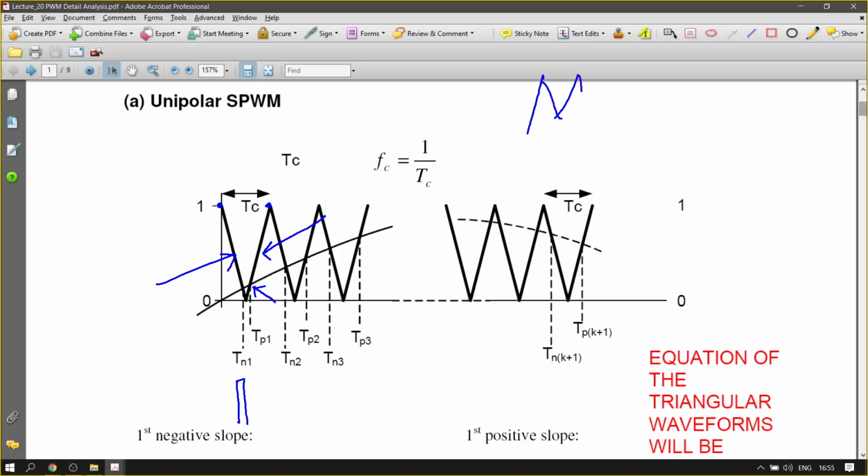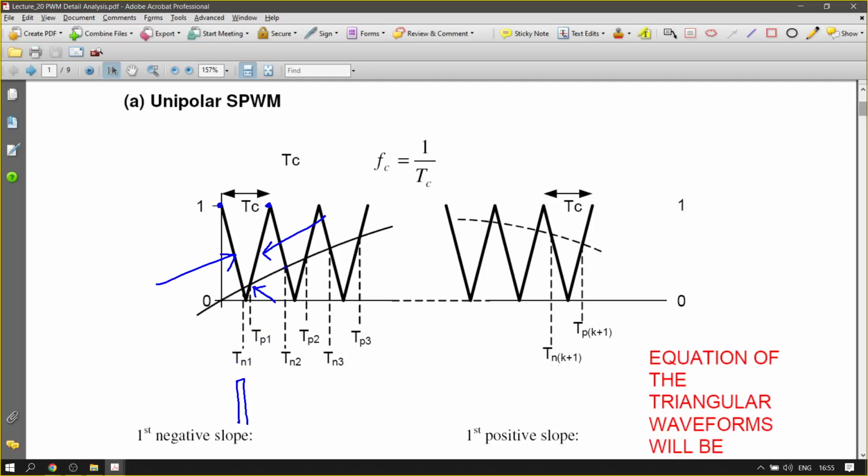I'm going to let you have a look at what happens if you change that to M shape. Of course, there will be different Tn1, Tp1, which is different slope, isn't it? Yeah? But I'm not going to. We just focus on the example here first. Right? So we have Tn1, Tp1.